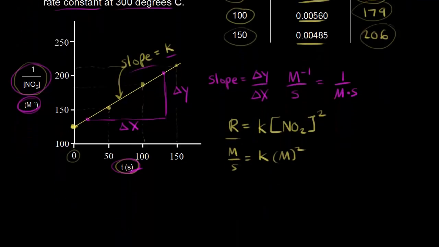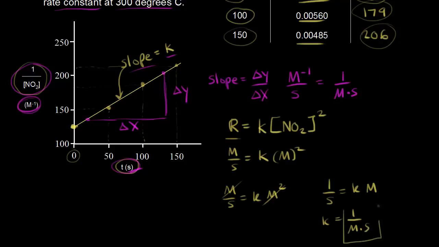Right? So let's go down and get a little bit more room. So this would be molar over seconds is equal to K times molar squared. One of those molars would cancel. Right? So now we have 1 over seconds is equal to K times molar, and so once again we find that K is equal to 1 over molar times seconds. So it doesn't matter how you get your units here. We know that's going to be the units for K.